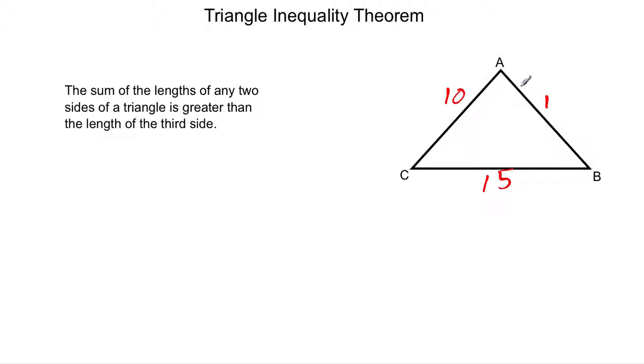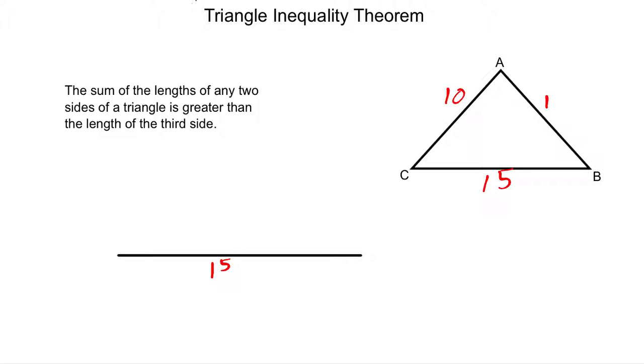That could not work because imagine these two sides are flat. So imagine I could draw a straight line. So there's side CB, and we already said that that's 15, right?